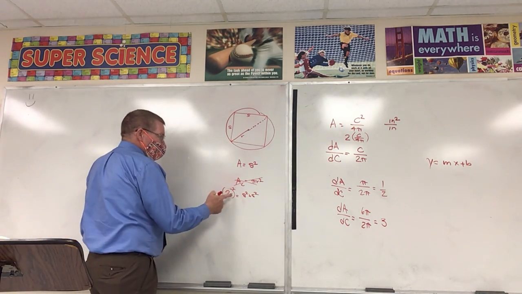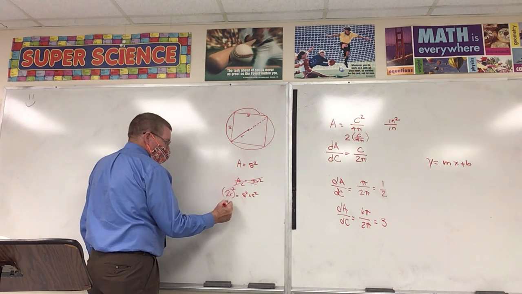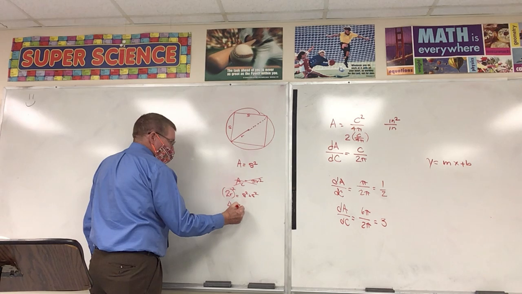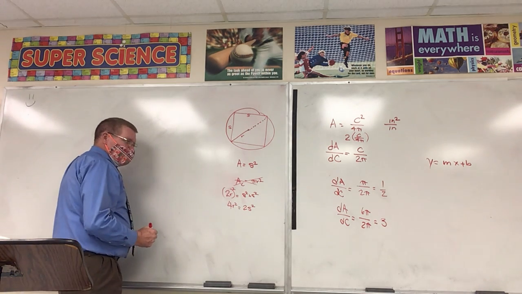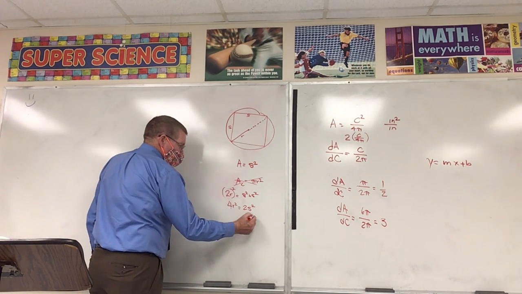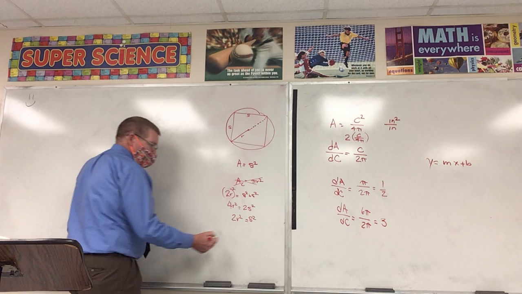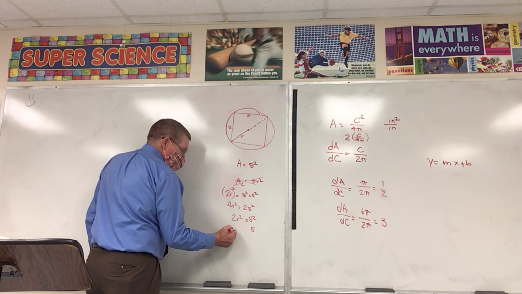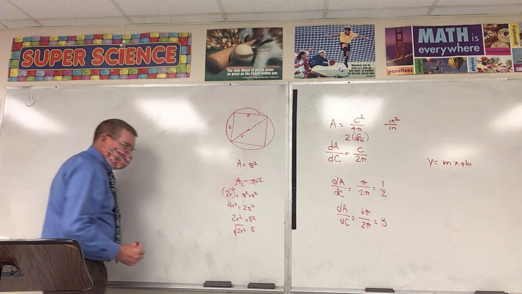So we want to get rid of the s, so we solve for s. 4r squared equals 2s squared. s squared equals 2r squared. So s equals the square root of 2r squared.